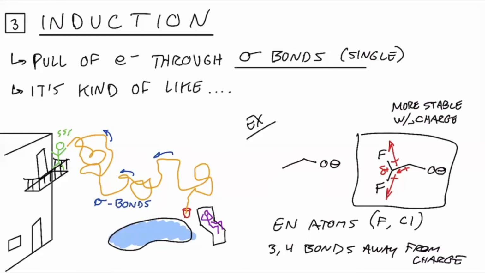I should write in here negative, because again, the flip side of the coin is still in play. If this was for some reason a positively charged oxygen, those fluorines there would actually be bad and they wouldn't be helping. So it's important to think about this side of the coin and then the other side of the coin that I'm not going to spend as much time on today.